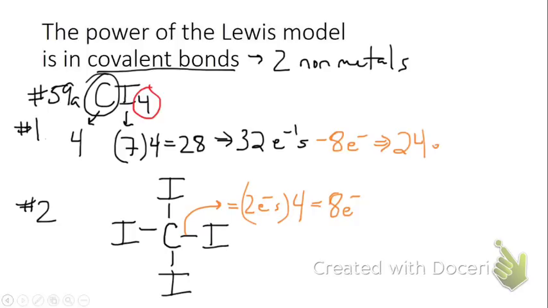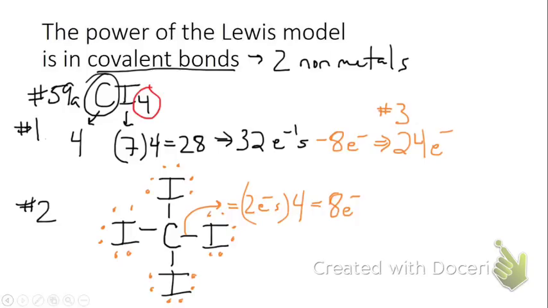And since we have 24 electrons, the next step, step number 3, is to determine how many electrons you have left over after single bonding, and then start filling in lone electrons around all the elements on the edge. So in this case, it'd be the iodines.